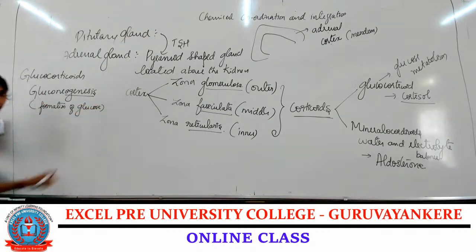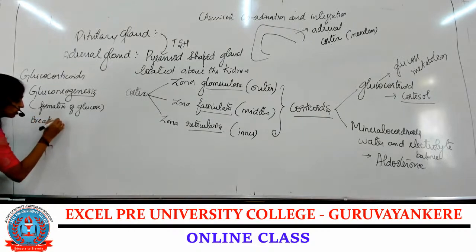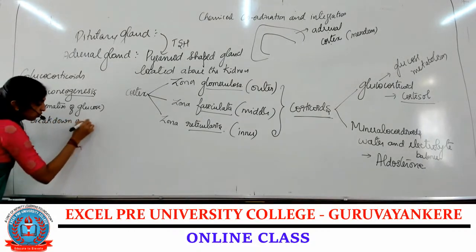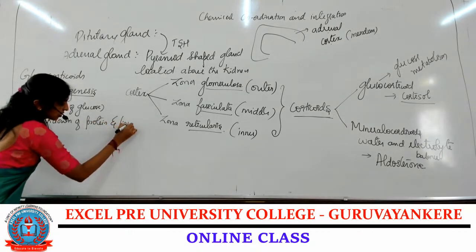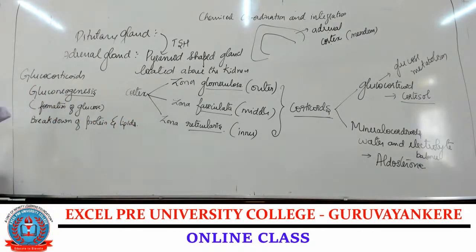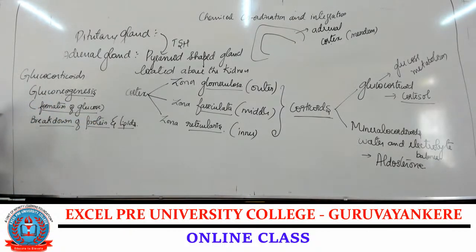Is it clear? Along with the formation of glucose, glucocorticoids also help in breakdown of protein and lipids. Tell me, what is the first function of glucocorticoids? They help in gluconeogenesis, that is formation of glucose, and also breakdown of protein and lipids.